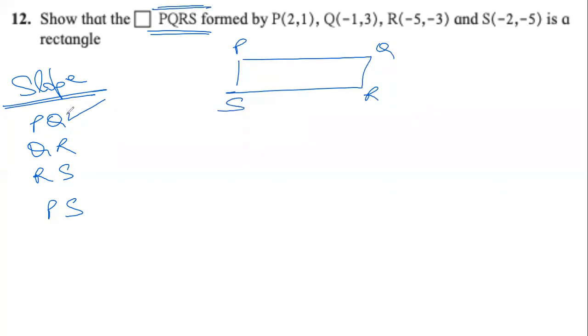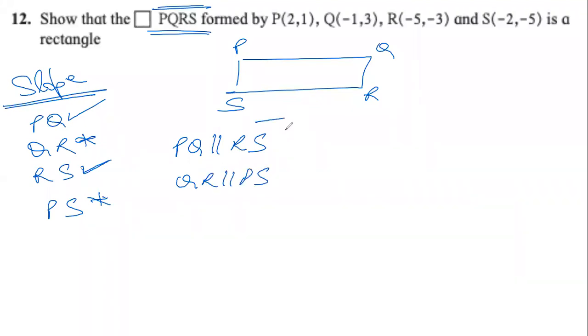So we will find that the slope of PQ and slope of RS will be the same. Similarly, the slope of QR and the slope of PS will be the same. That will tell us that PQ is parallel to RS and QR is parallel to PS. Opposite sides of a quadrilateral are parallel, so it is a parallelogram.